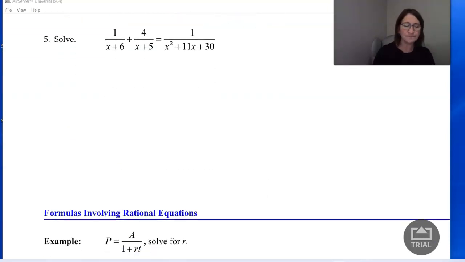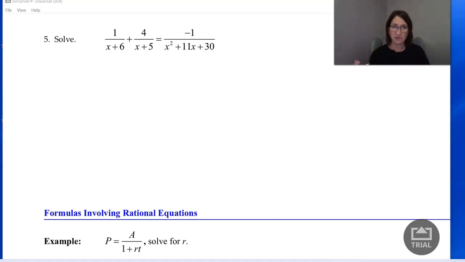Okay, let's do 5. 5 is going to be an example where we get no solution. And if you look at this problem, it looks like any other problem we've been doing. And we're going to approach it the same.